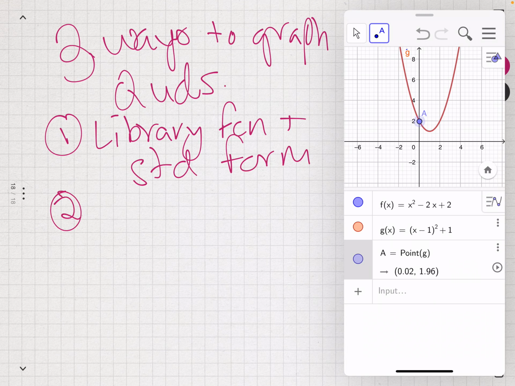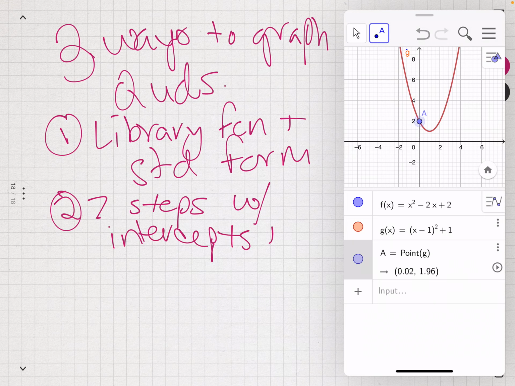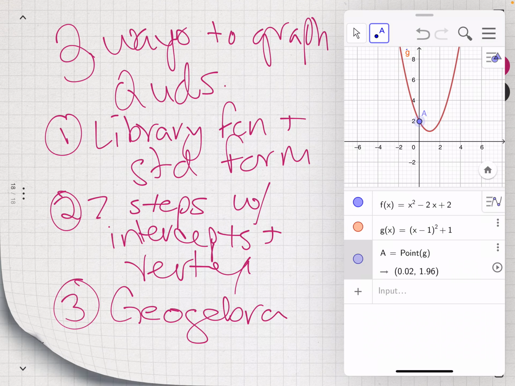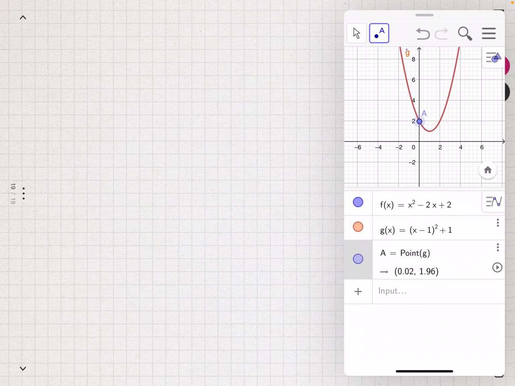The second way is that 7-step process, 7 steps with intercepts and vertex. And our third way is with GeoGebra. And so let me walk through one more example.